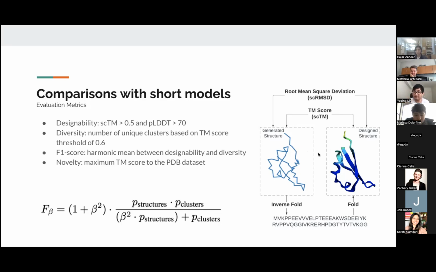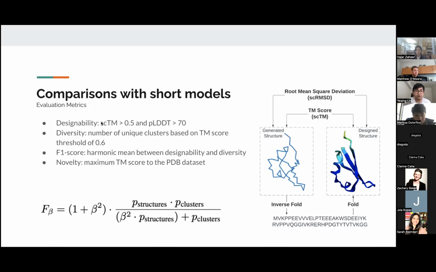So scTM checks the TM score between the generated structure and the designed structure, and scRMSD checks the RMSD between them. The key difference is that the TM score checks more global consistency, while RMSD is much more stringent, because the two structures need to be almost the same in order to achieve a very good RMSD score.